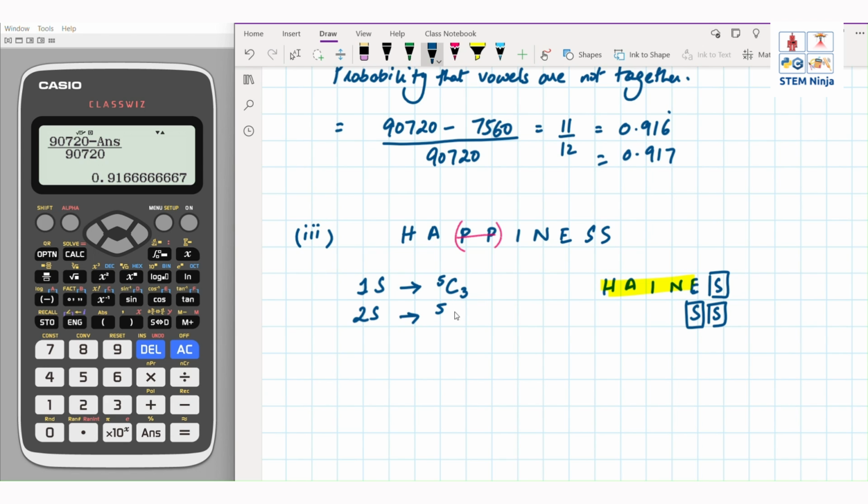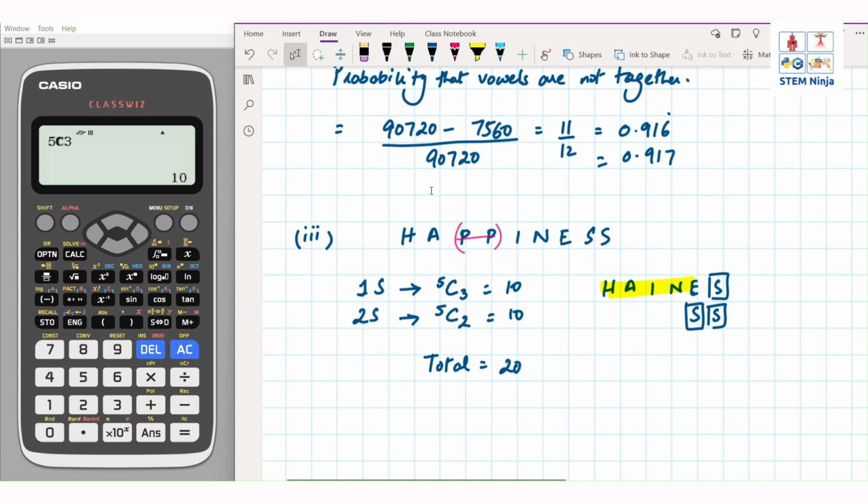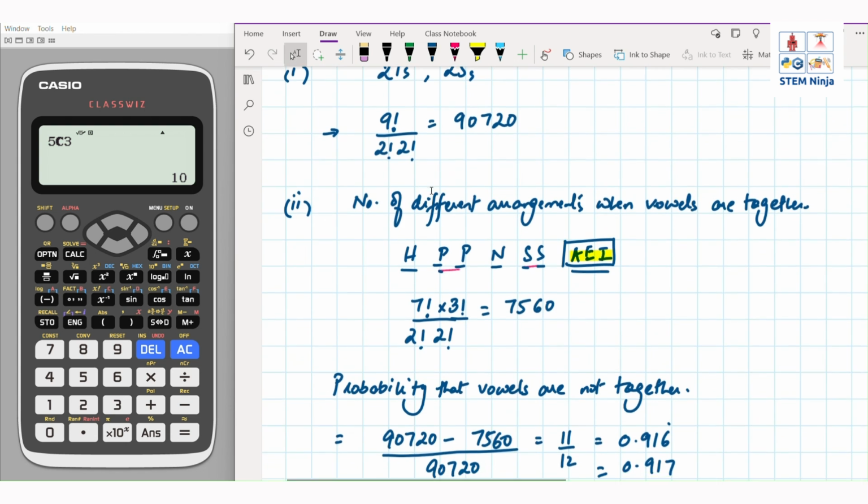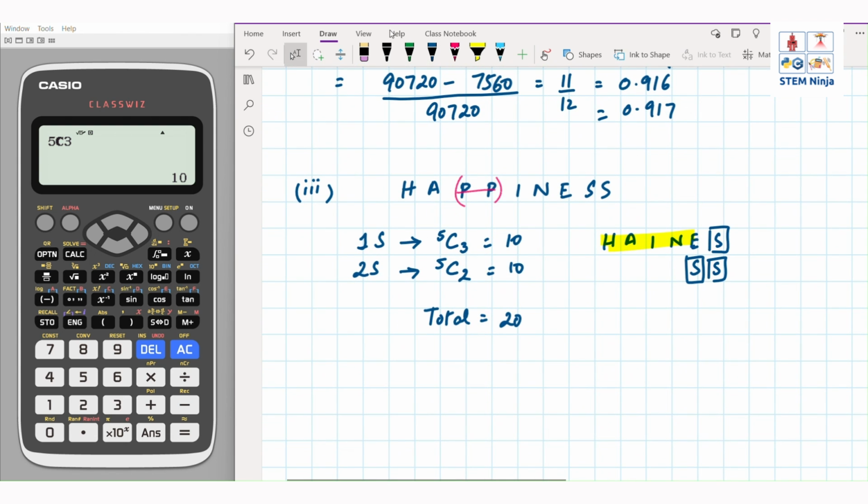So that would be just 5C2. So 5C3 and 5C2 are both the same number, so 10, 10. So we will get total equals 20. Very straightforward. All right, so I think that was it.